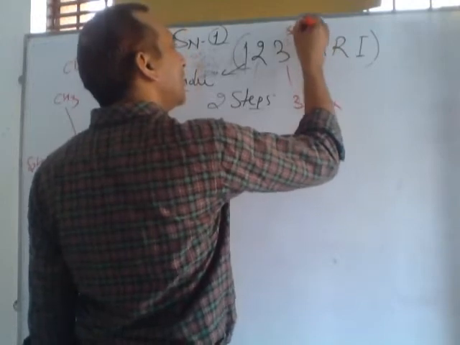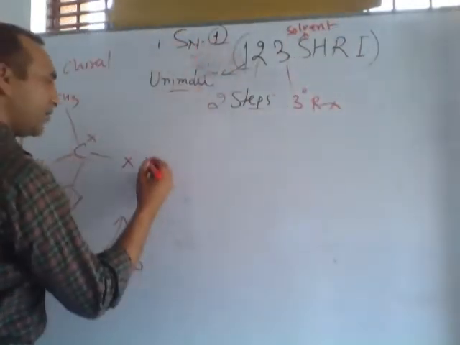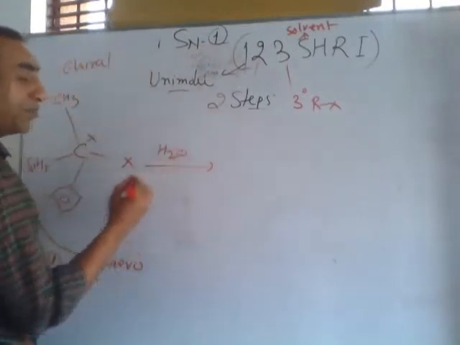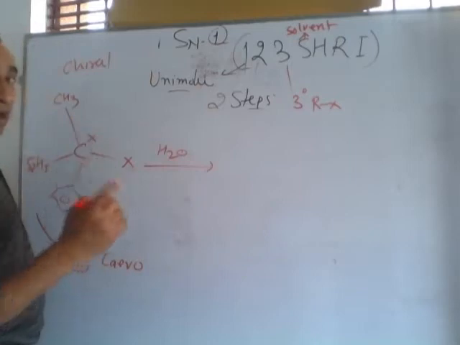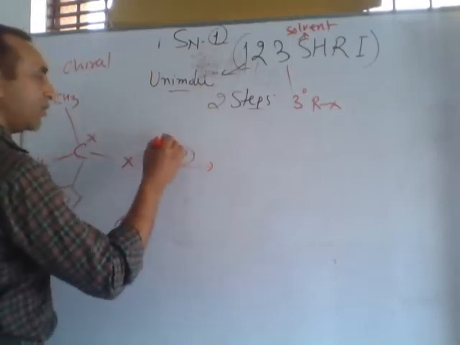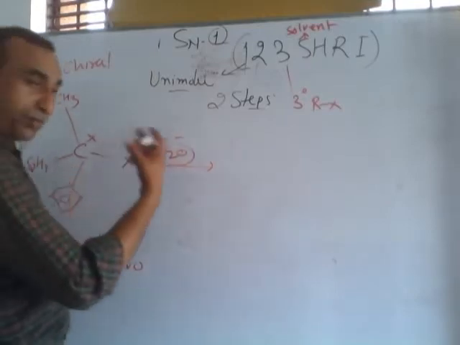S means solvent. SN1 reactions take place in polar protic solvent. Polar protic means this is a water molecule, a water molecule is polar, and protic means it provides protons.